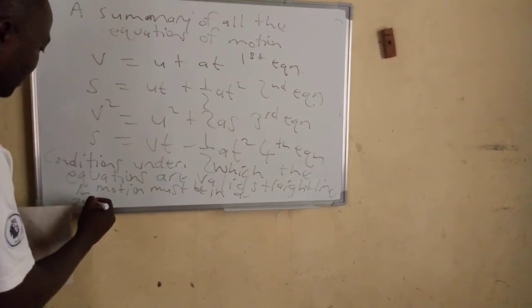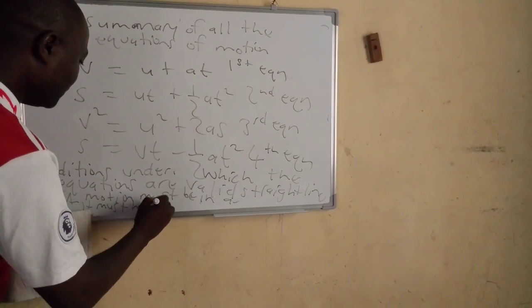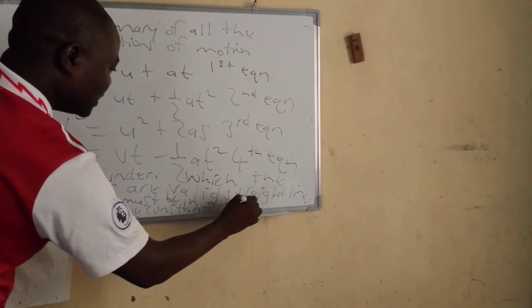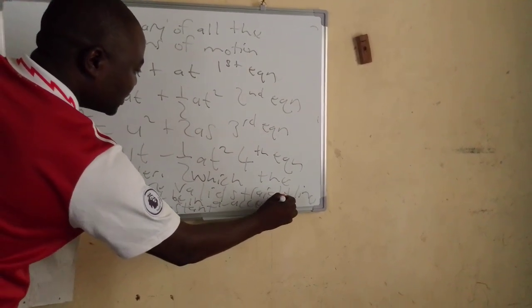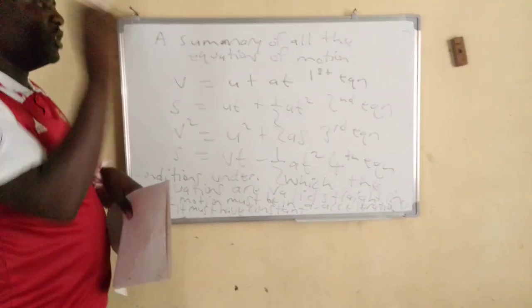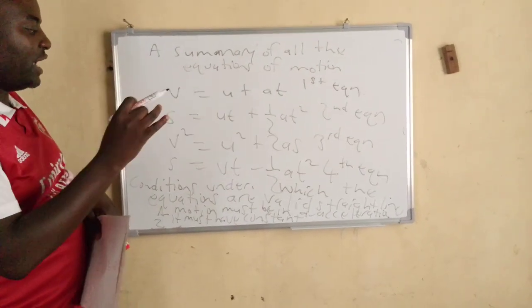Two, it must have constant acceleration. So the two conditions under which these equations are valid: the motion must be in a straight line, and it must have constant acceleration.